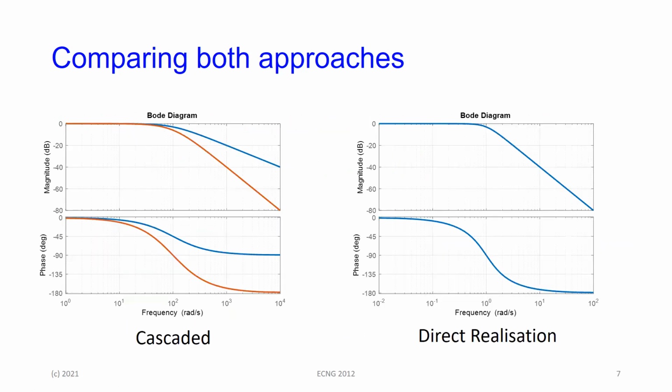And if you compare the results here, look at the red lines on the left. Those are the ones that we just derived, the response. And look at the one on the right-hand side, which is the Sallen-Key here. For all intents and purposes, the results are the same.